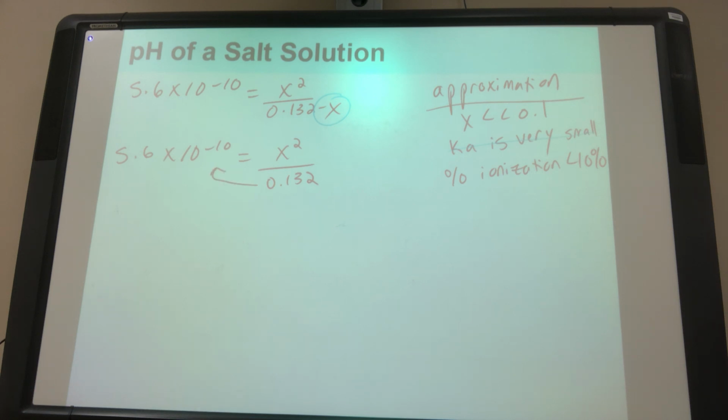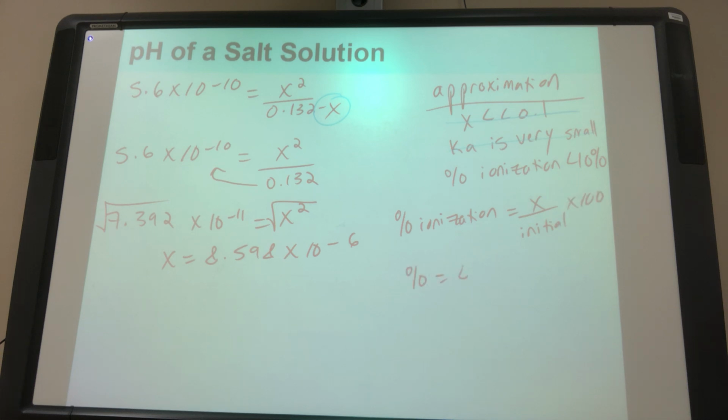Multiply this over, you get 7.392 times 10 to the negative 11 is equal to X squared. Square root both sides, and X is equal to 8.598 times 10 to the negative 6. So now we could do our second approximation. Is X less than 0.1? Yes, by a lot. So before we get too excited, let's check our percent ionized. So percent ionization is equal to my X over my initial times 100.